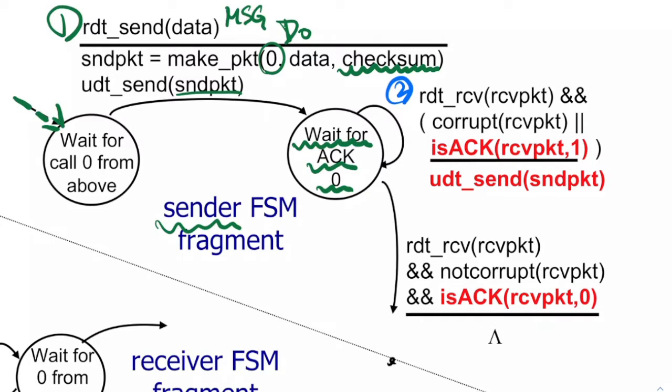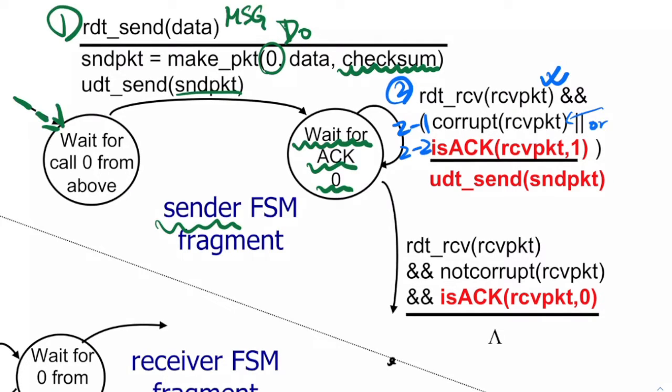When we are waiting for ACK number 0, here we indeed get a packet sent from the receiver, and there are two different situations. The first one is, although I know I get a packet from the receiver, I cannot understand what exactly the information included in the packet is because it is corrupted.